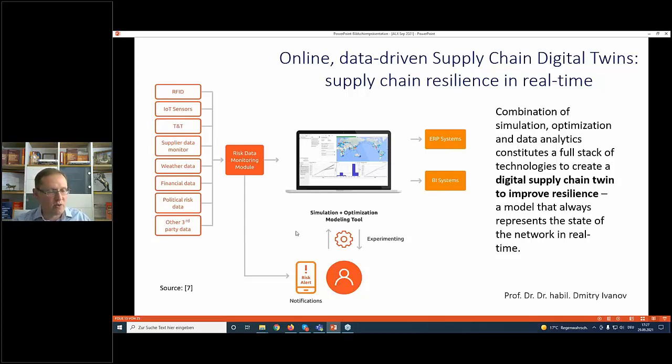So every time we start optimization or simulations, the model starts with updated parameters, and the results can be put to some ERP systems or BI systems for more advanced performance analysis.